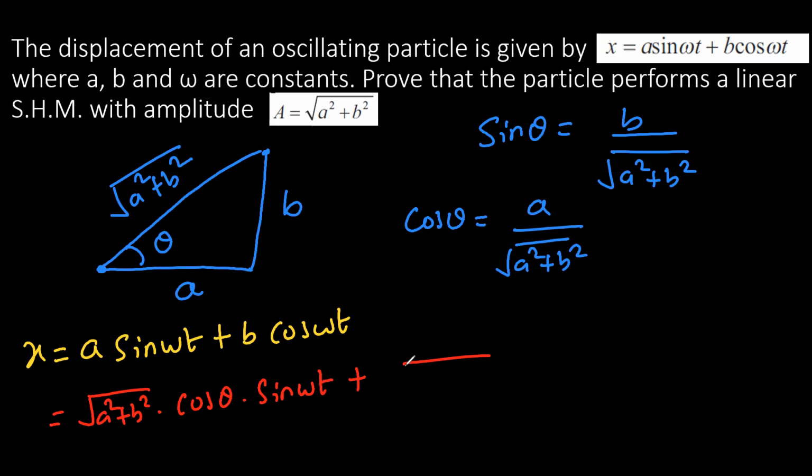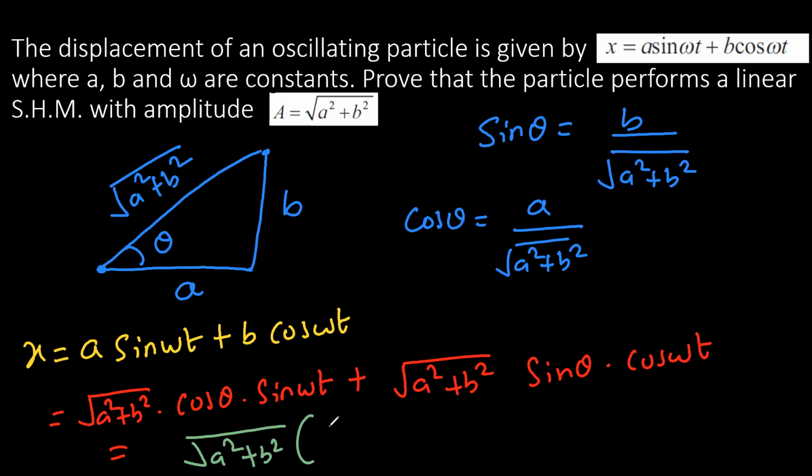And b is root a square plus b square into sin theta into cos omega t. So if I take root a square plus b square common, what is left inside? That is cos theta sin omega t plus sin theta cos omega t. See, sin a cos b plus sin b cos a, so this is like the sin a plus b formula. So you can write sin a plus b.